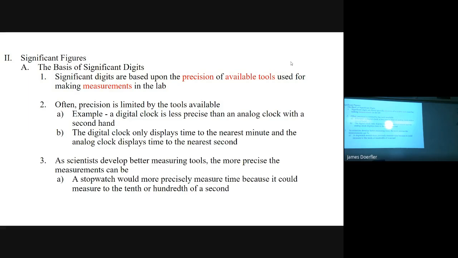Again, now we go to a stopwatch to measure time more precisely because it could measure the 10th or 100th of a second. So a stopwatch would be even more precise than that clock, because we're measuring to smaller and smaller fractions of time, getting closer and closer to the actual time it currently is.